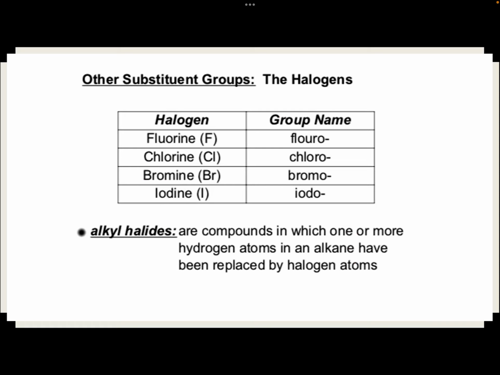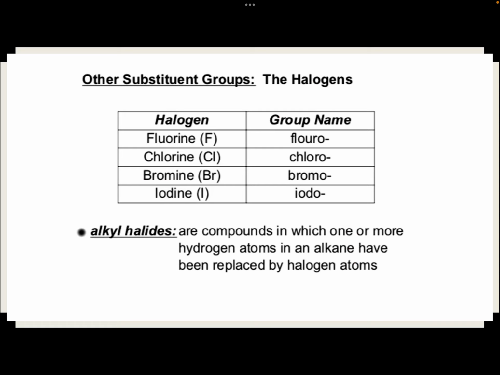These are other substituent groups, which are our halogens. So the first were our alkyl groups. These are halogens. So we have our fluorine, chlorine, bromine, iodine. And once again, our group names are listed there. If we have our halogens, we can have alkyl halides, which are compounds in which one or more hydrogen atoms in the alkane have been replaced by our halogen atoms.